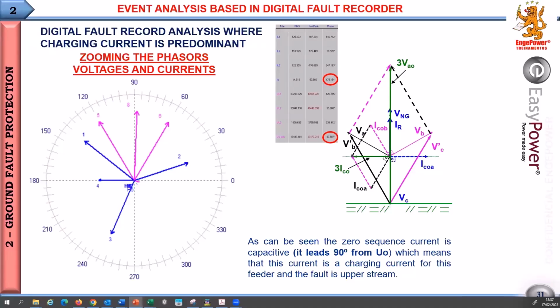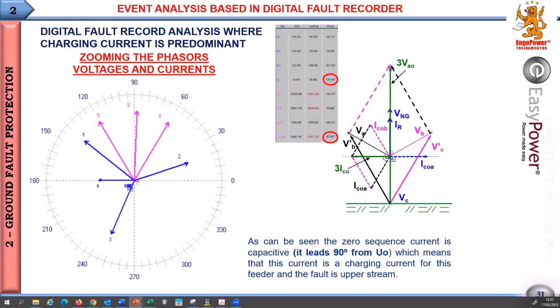And here, channel 4 is the 0 sequence current, almost 90 degrees, leading the voltage, and the phase shift angle almost 108 degrees, just like we showed.